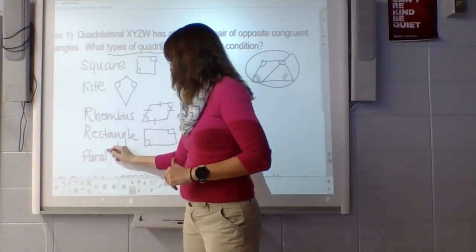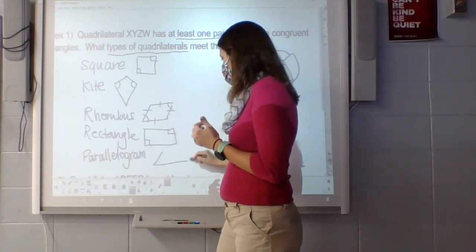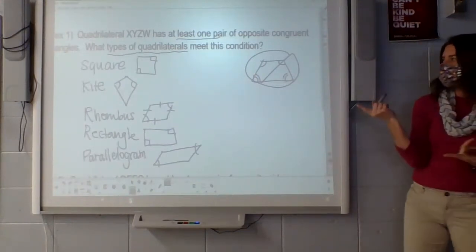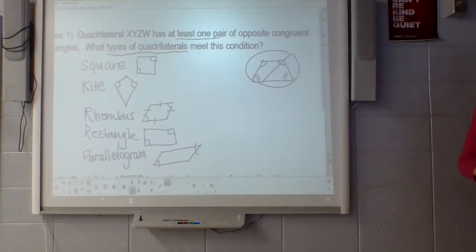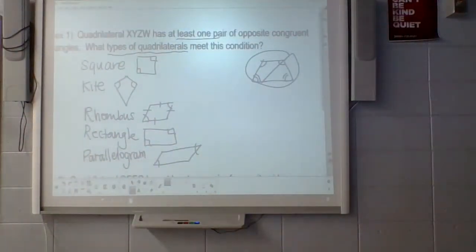Yeah, maybe isosceles trapezoid, actually. So good point. I wonder if anyone would think that. Isosceles trapezoid, the base angles are equal, but when they're talking about opposite, they mean across. So this would be consecutive or adjacent. So isosceles trapezoid does not work. Yep.